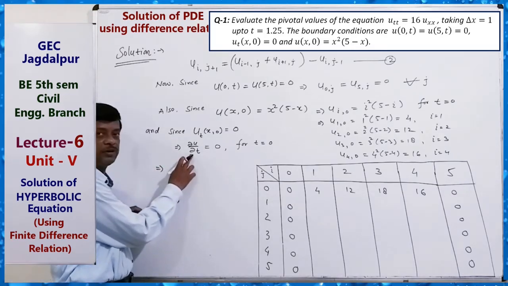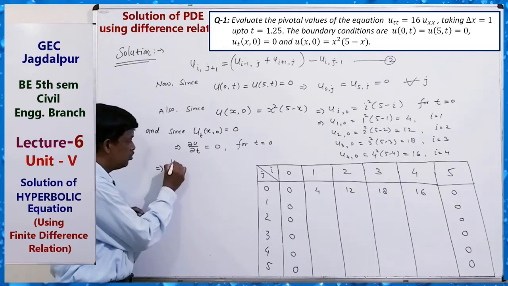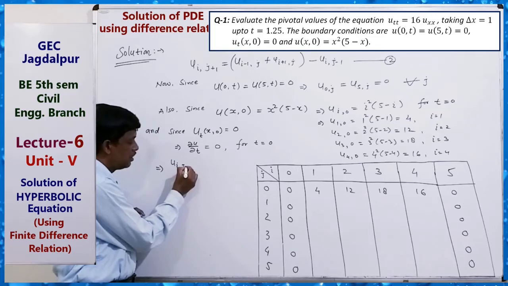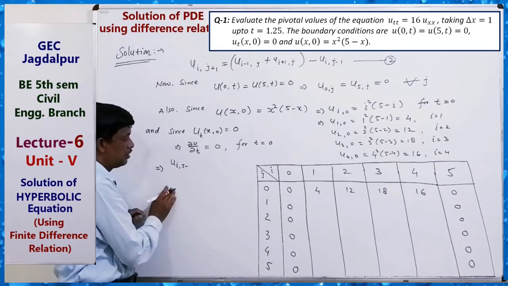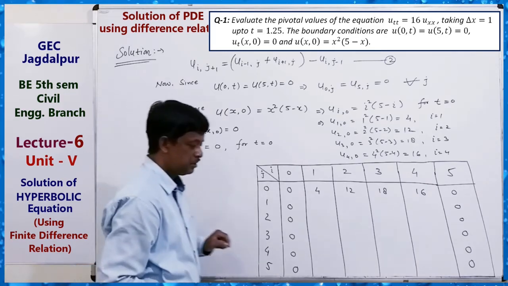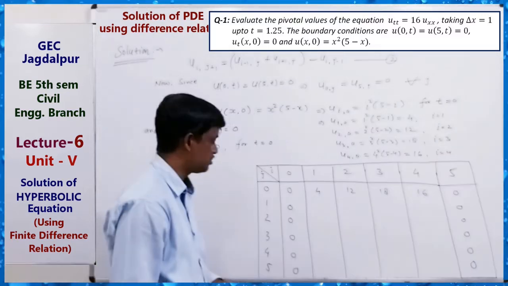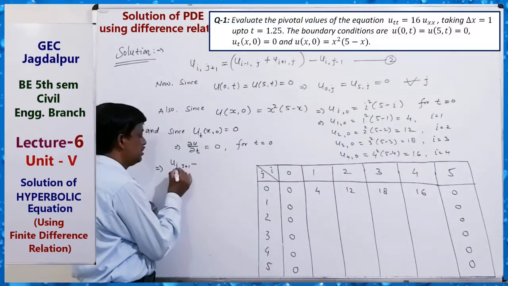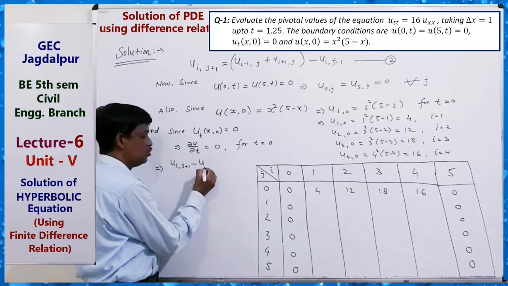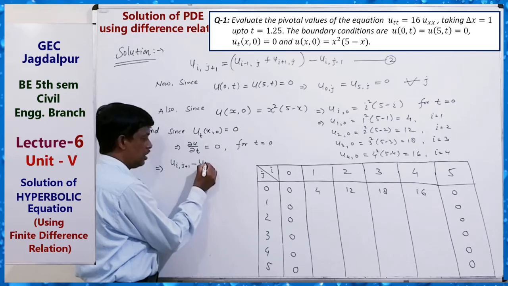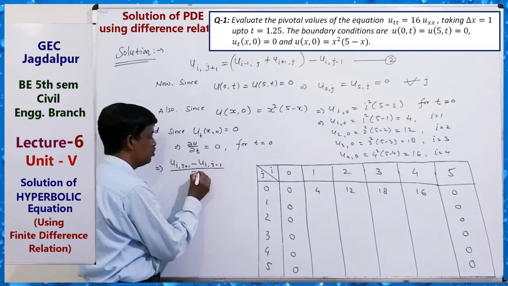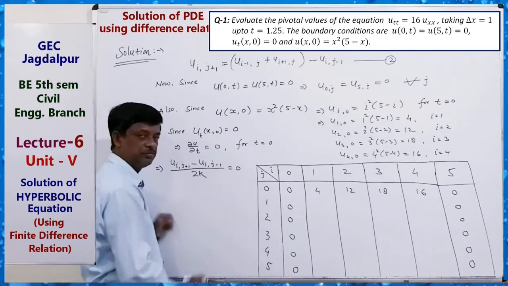So its formula will be what? U I, j plus 1, minus j minus 1, central difference approximation. Okay. U I, j plus 1 minus U I, j minus 1 upon 2k equals 0.